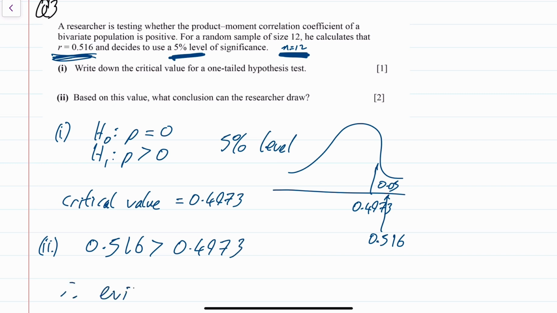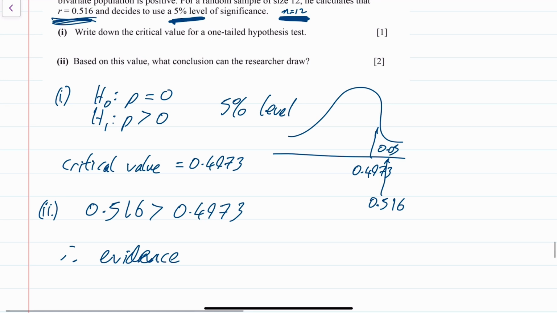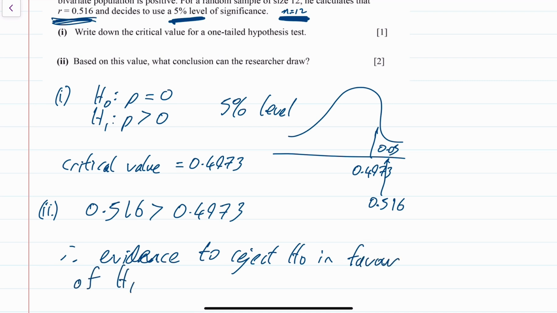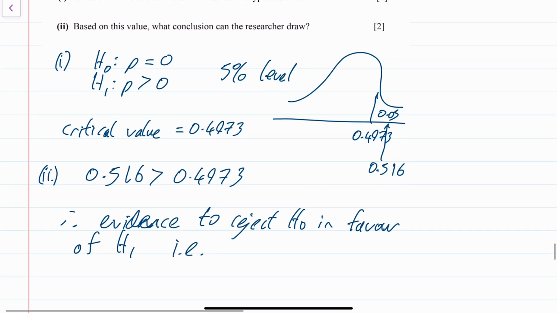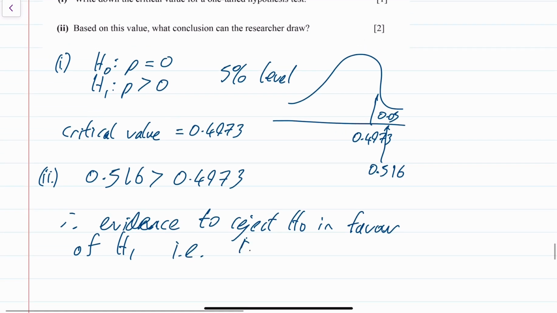Therefore, evidence to reject H0 in favour of H1, i.e. the researcher's prediction was correct.